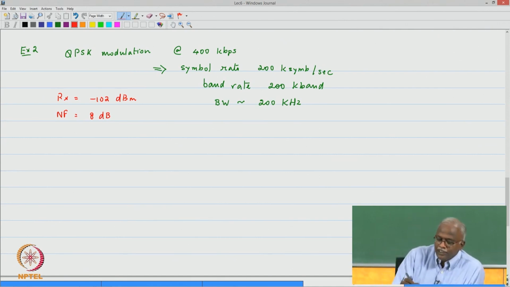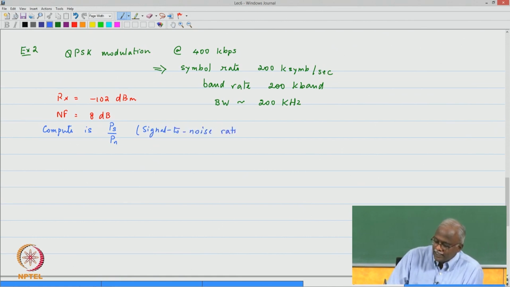So, the question, or what we are asked to compute, is the received signal to noise ratio. So, in a practical system we would refer to the signal to noise ratio in terms of the signal power to the noise power. So, what is the signal to noise ratio for such a system?